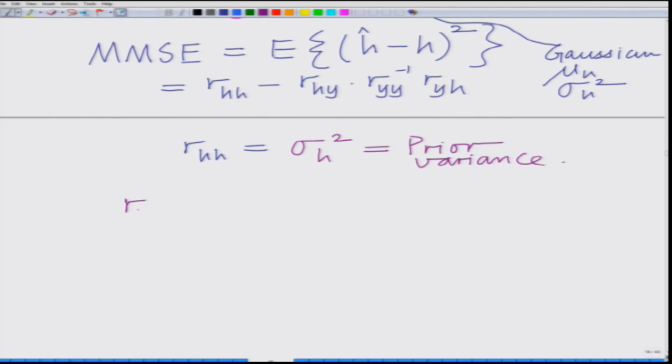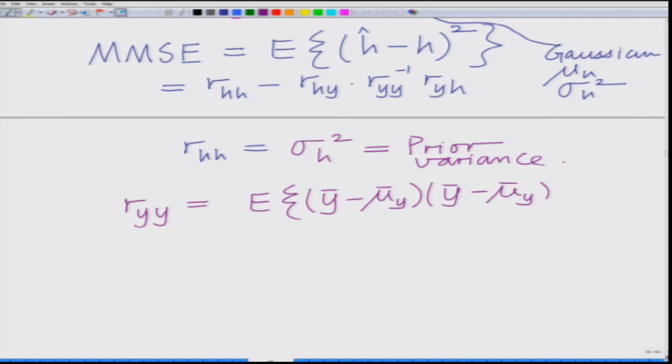Similarly, we have also derived these quantities and you can recall them: RYY, which is equal to the expected value of y bar minus mu bar y times y bar minus mu bar y transpose, and this quantity is equal to sigma h square times x bar x bar transpose plus sigma square times the identity matrix.